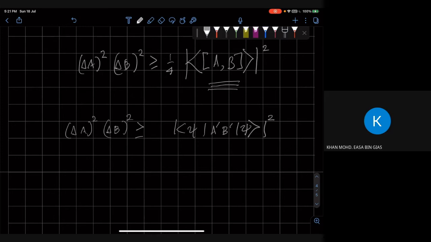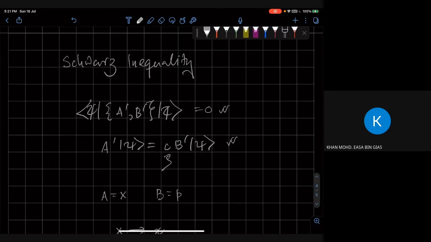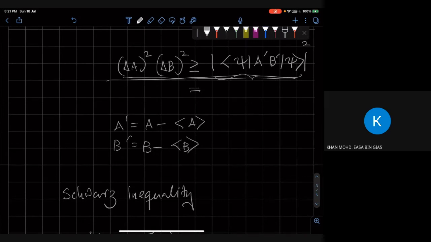A prime and B prime are defined by these equations. A and B are Hermitian operators, and we are subtracting the average values from those operators. Therefore, A prime and B prime are also Hermitian operators with the convenient property of their average being 0, right?